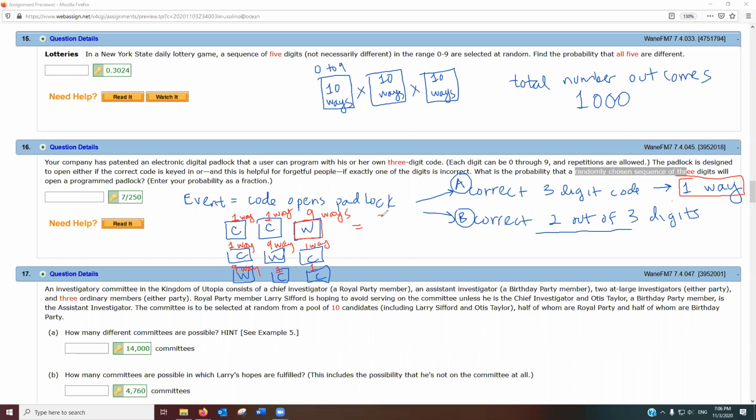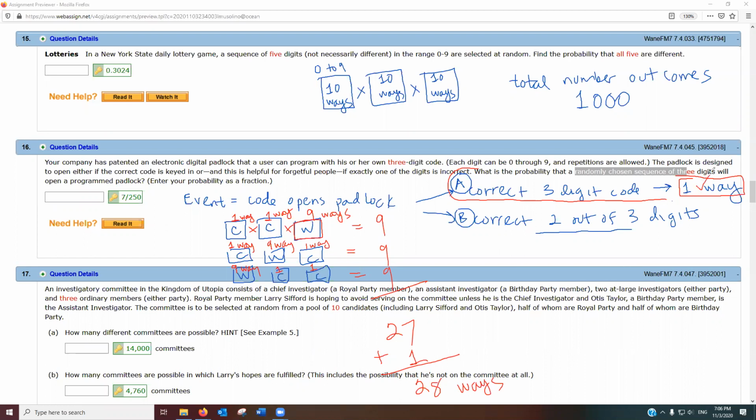So this is 9 ways. Remember, you multiply these number of ways together. 9 ways for this first row, 9 ways for the second row, 9 ways for the third row. Altogether, that's 27, but I've got to add 1 more for event A. So altogether, there's 28 ways to get the correct code. One of those 28 ways is getting all 3 digits correct.